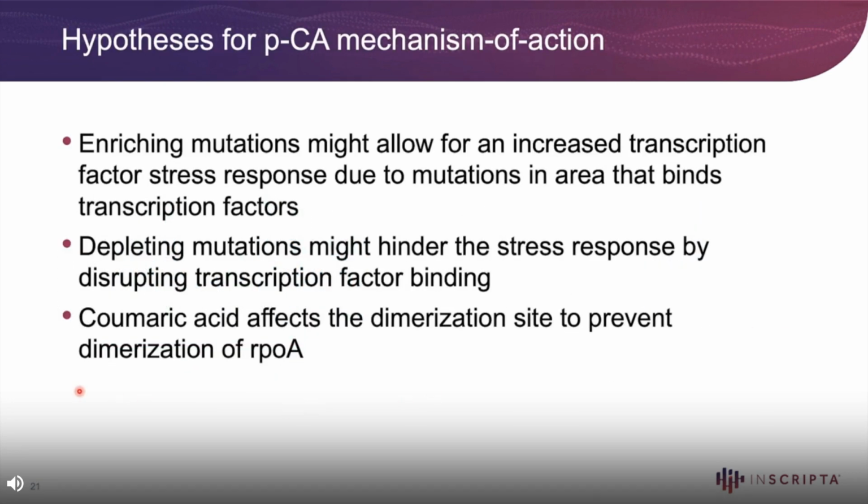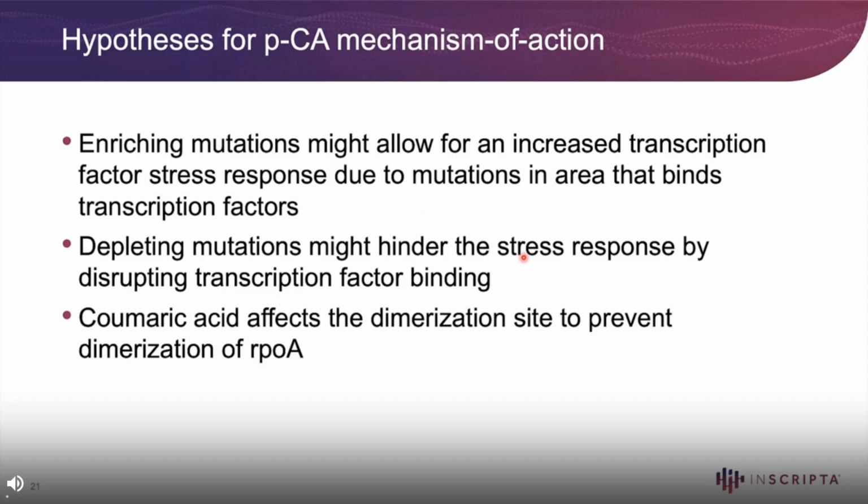Here I'm going to outline the hypotheses of what we think might actually be going on with the Coumaric acid in these different pockets of mutations. So we think that the enriching mutations might allow for some sort of an increased transcription factor stress response. And this is inferred because the mutations are in the area that binds to the transcription factors.